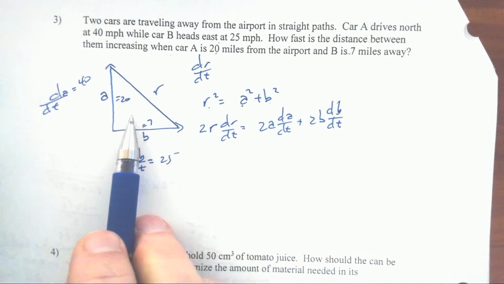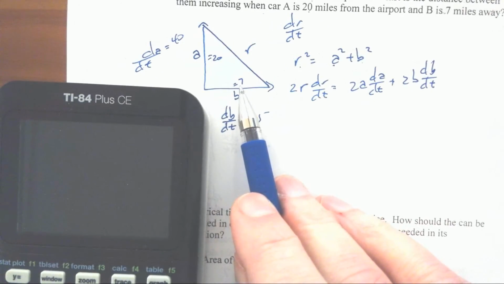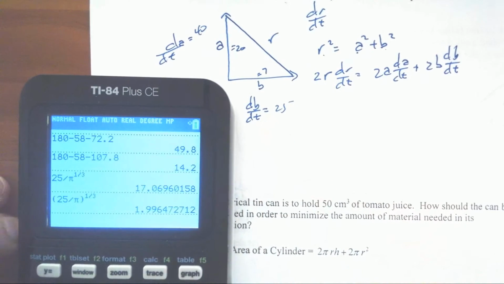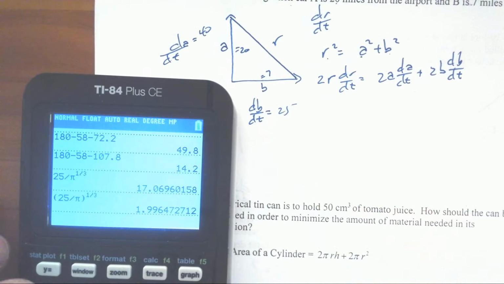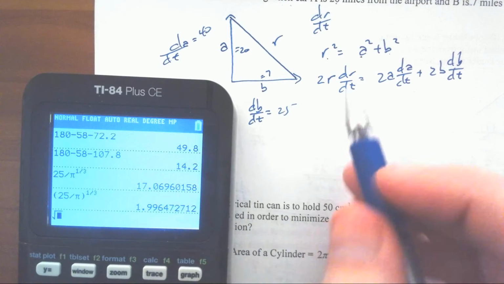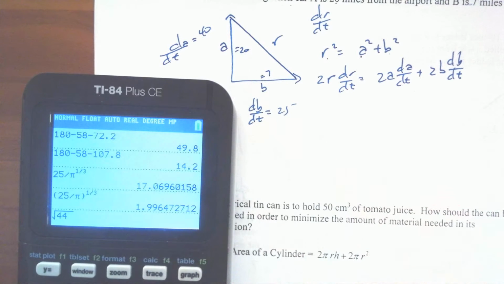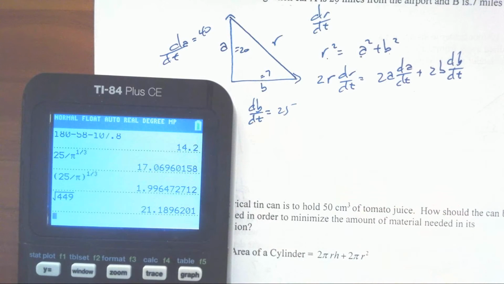So when A is 20 and B is 7, I want the square root of 449. It depends whether we want exact answers or not, but the square root of 449 is 21.1896. So I've got that answer loaded.